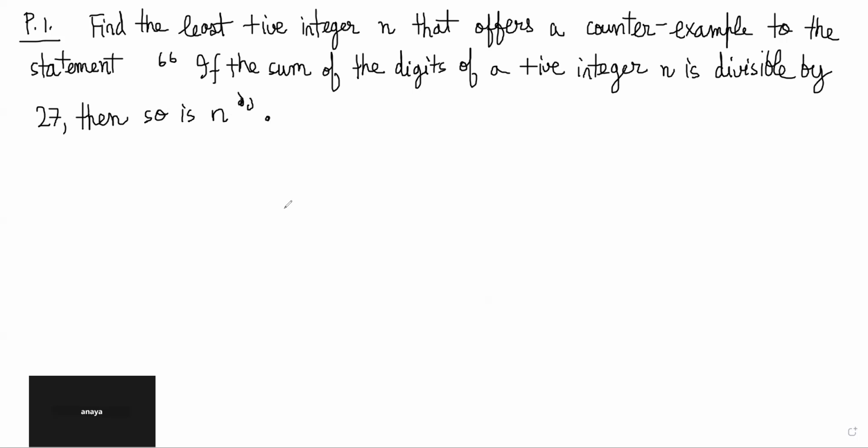So basically, you have to find the least integer which does not satisfy this, right?